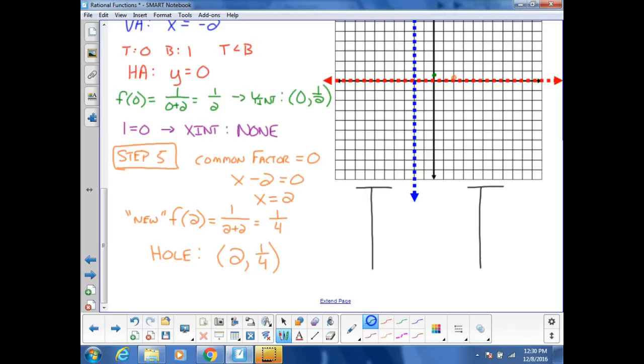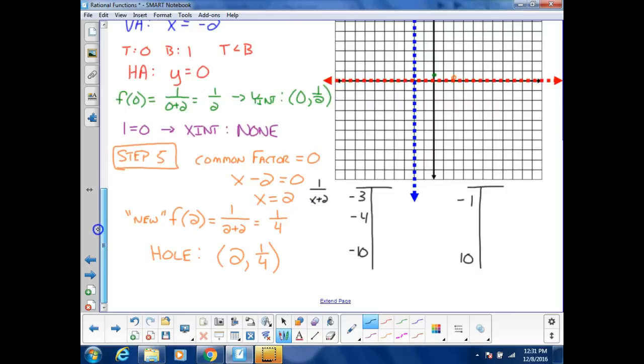Step 7 says find extra points. So over here I'm going to go -3, -4, -10. Over here I'm going to go -1 and 10. My new function again was 1 over x plus 2.